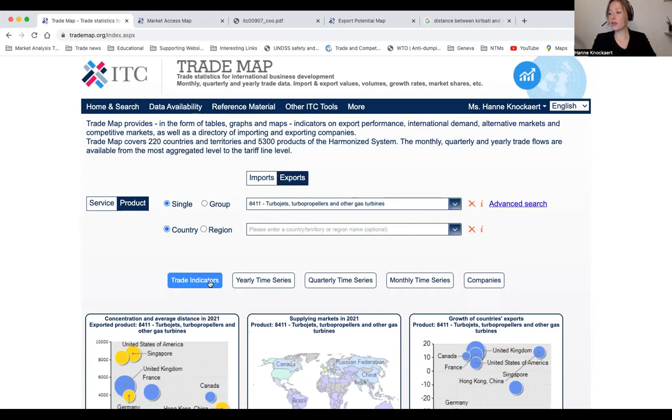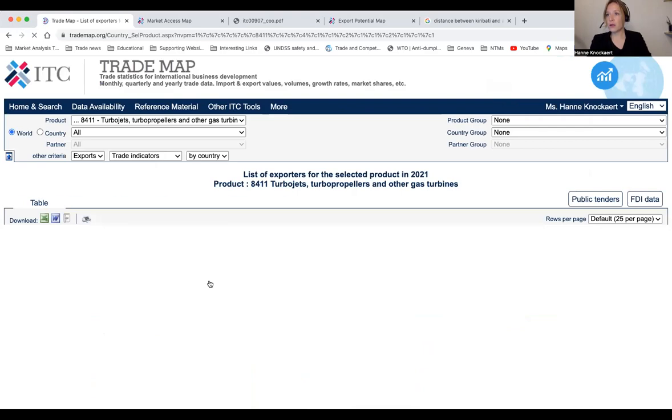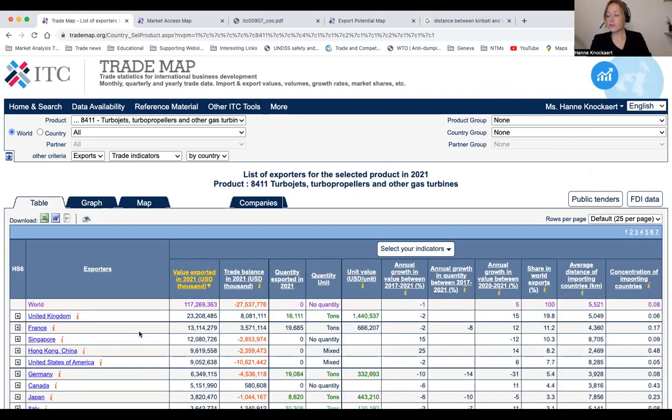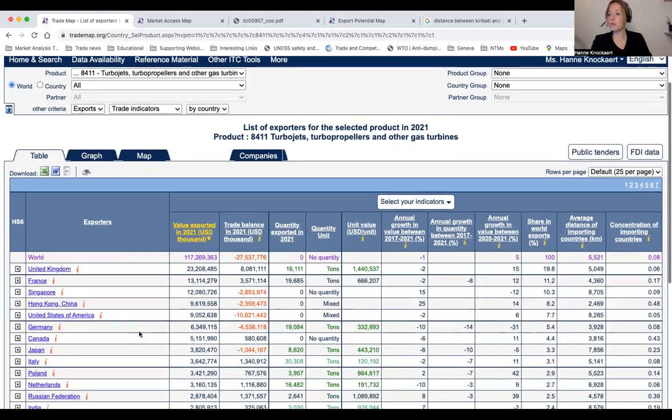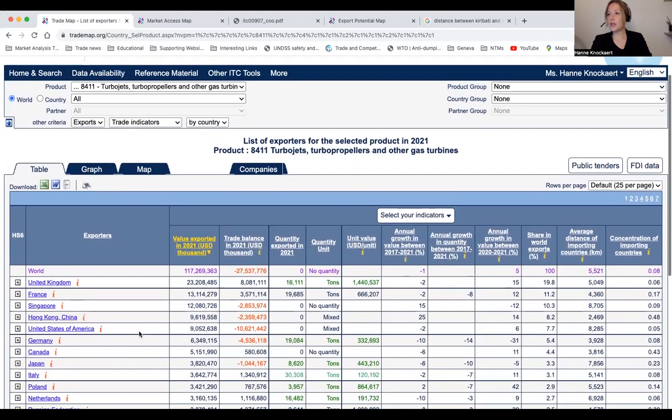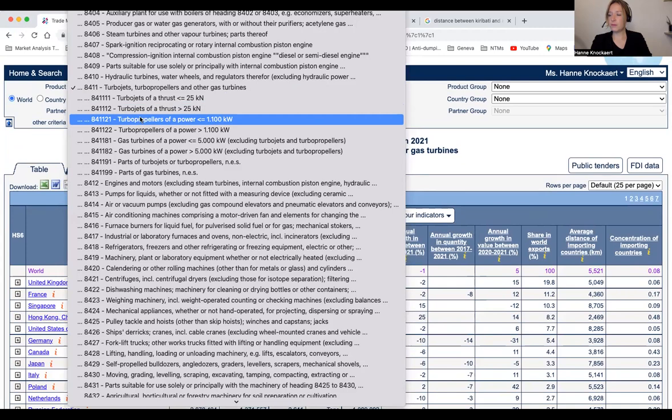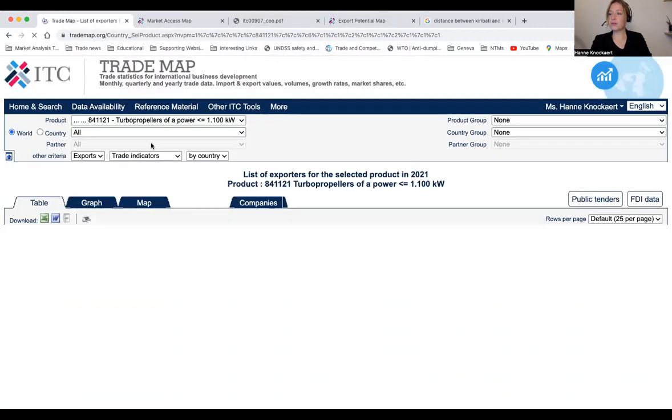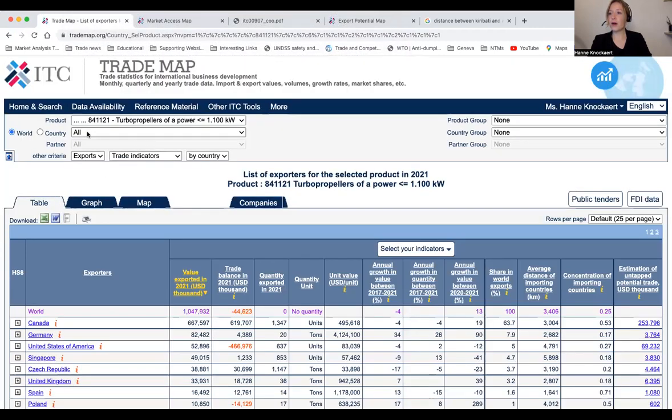Exporters, you look into the trade indicators. And here, let's go into the HS6 level. So now we look at all the countries' exports, and the list is ranked according to the traded value.